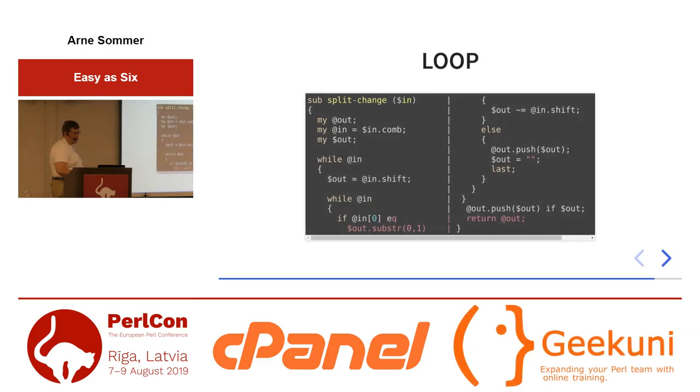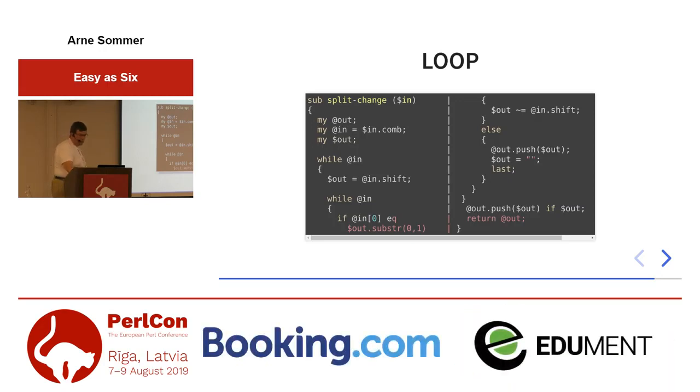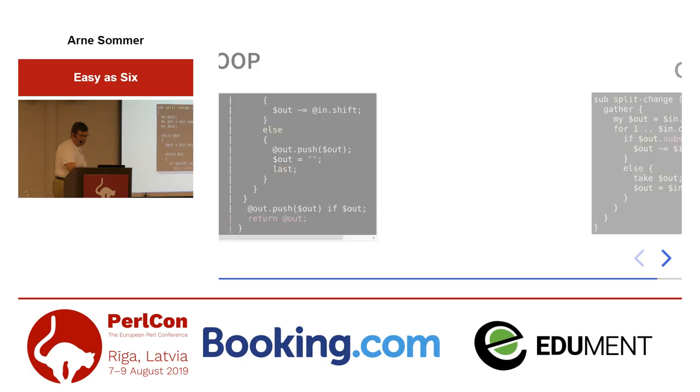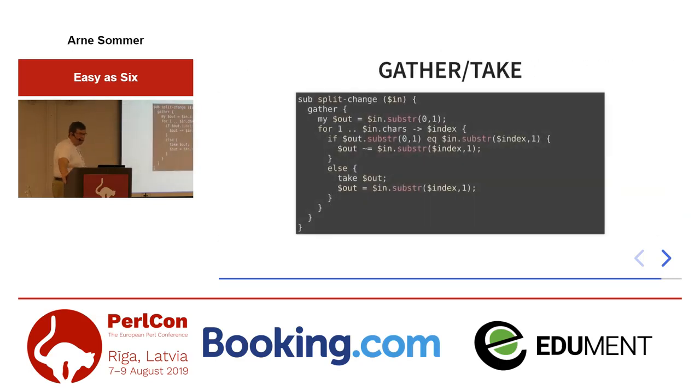This is in Perl 6. A loop, straightforward, sort of straightforward. It's actually a double loop, but well, it works. It's not that bad, but without comments, it's not very readable. We can use gather and take.